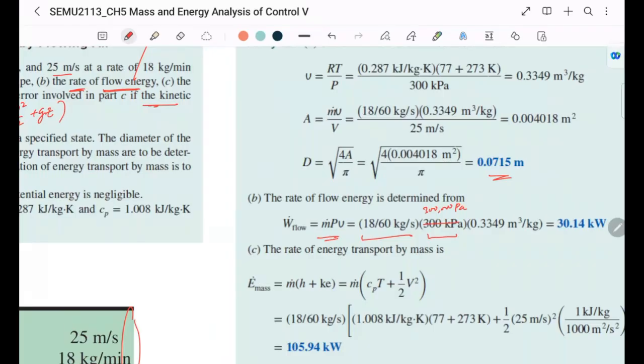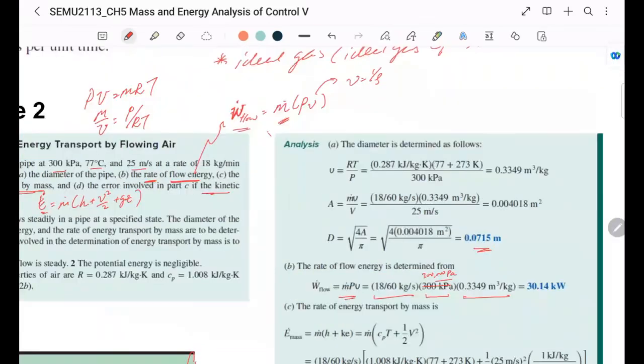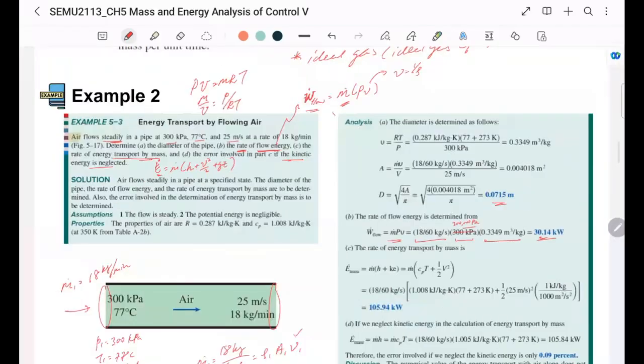Okay, and if you remember, specific volume is also equal to 1 over density, which density you already calculated just now. So from there, you'll be able to find out the rate of the flow energy. Okay, so that's how we find out the flow energy.